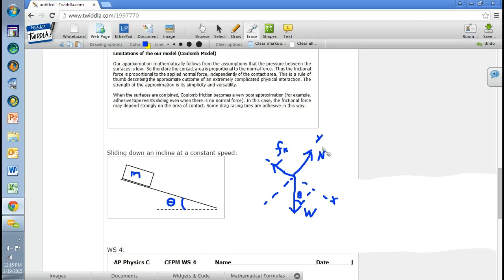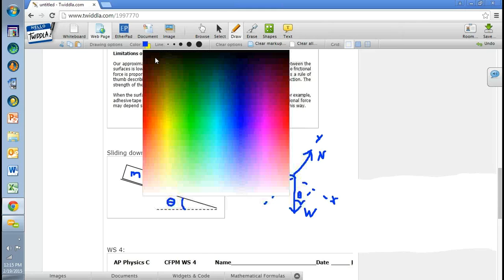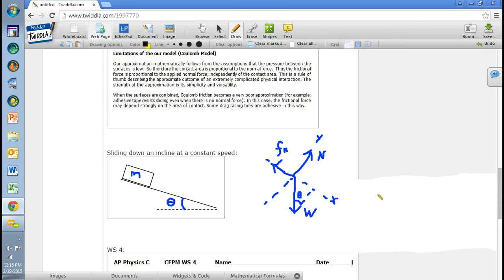In the y direction, the normal force must be equal to what? What is the normal force going to be equal to? Yeah, the weight in the y direction, W in the y direction.